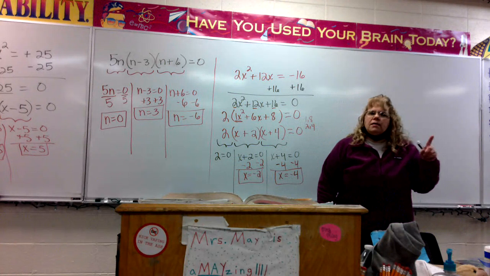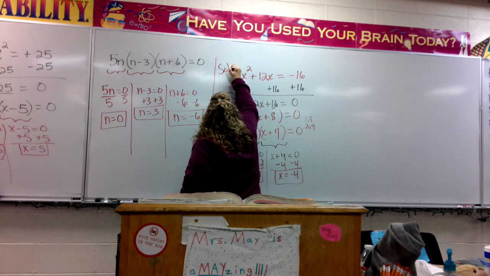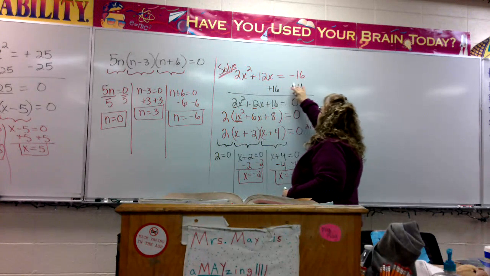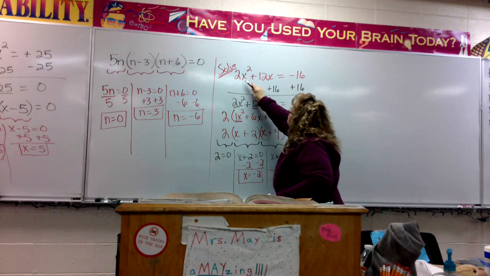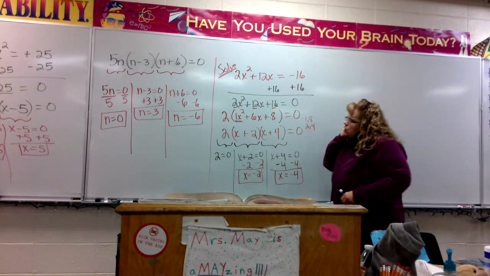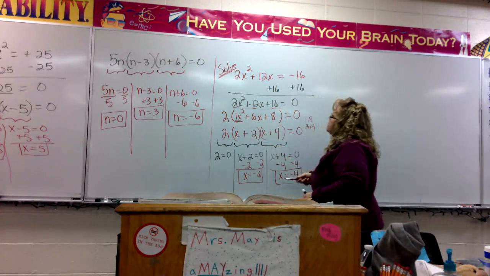Look right here. 2 equals 0. And by the way, back up a minute. We are looking for values of x that we could plug in here and make that true.